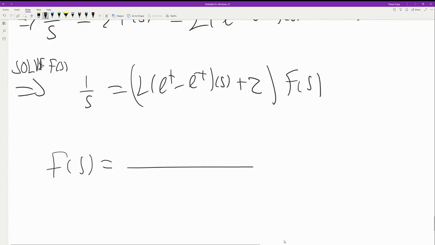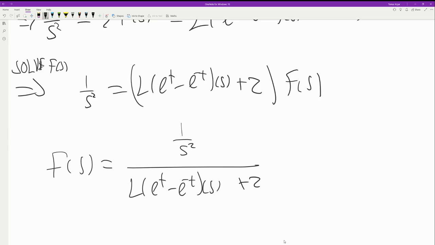So F of s is 1 over s squared divided by this.